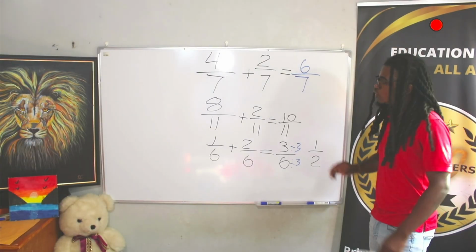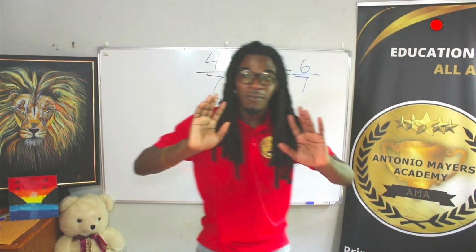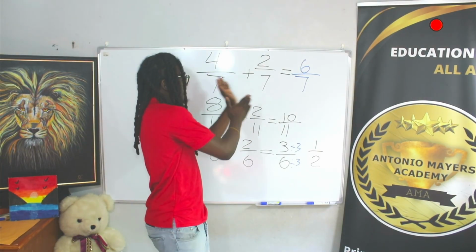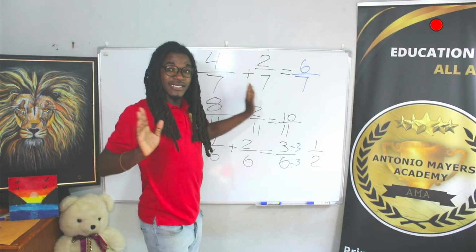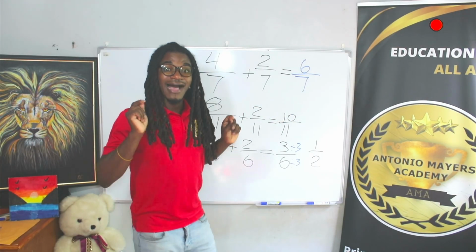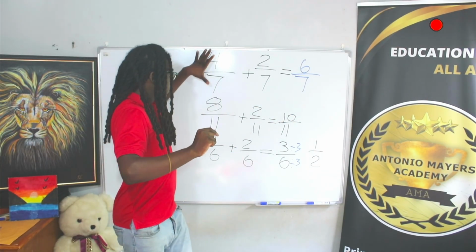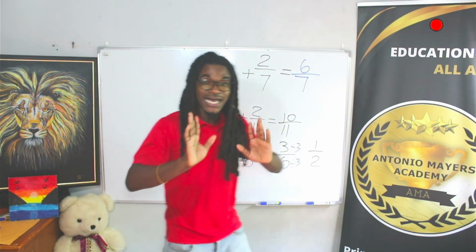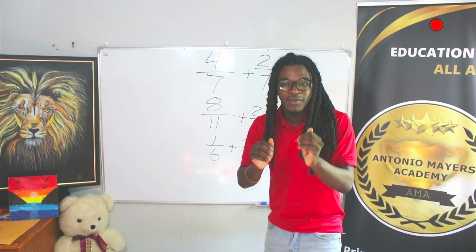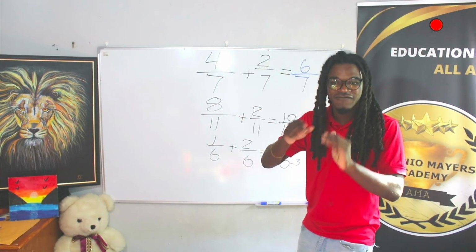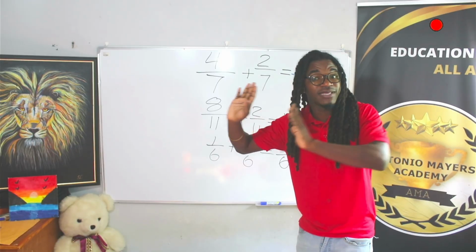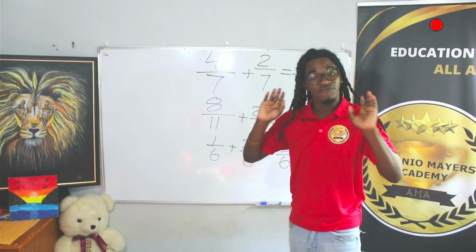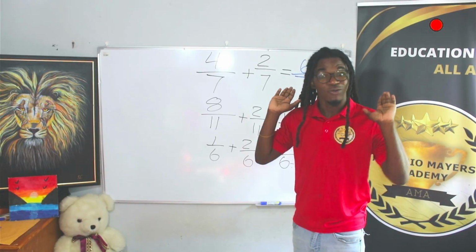Alright? So, I need you to remember a couple of things. When we're dealing with fractions, the first thing, we need to check and see if they have the same denominator. If they have the same denominator, we just put it back one time. And then also when we finish adding, we need to see if the two numbers could divide by the same number with no remainder. If they can, then make sure you do it, because the people who make fractions, they don't like big numbers at all.